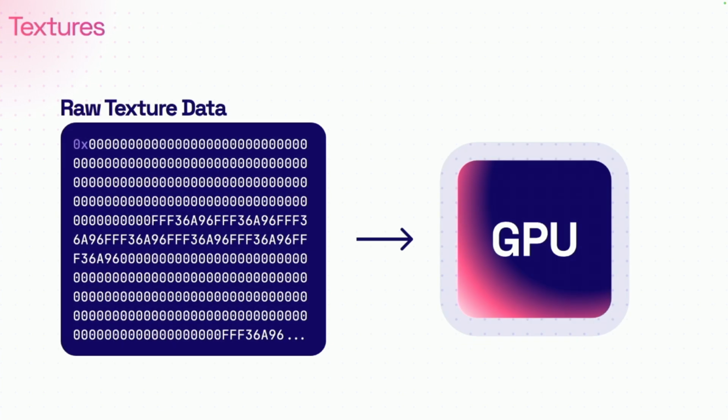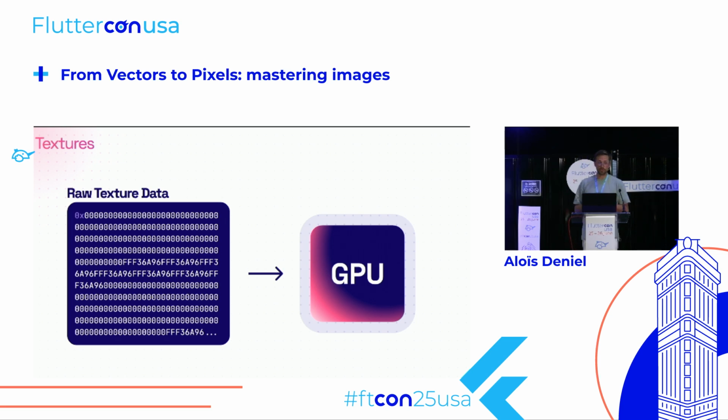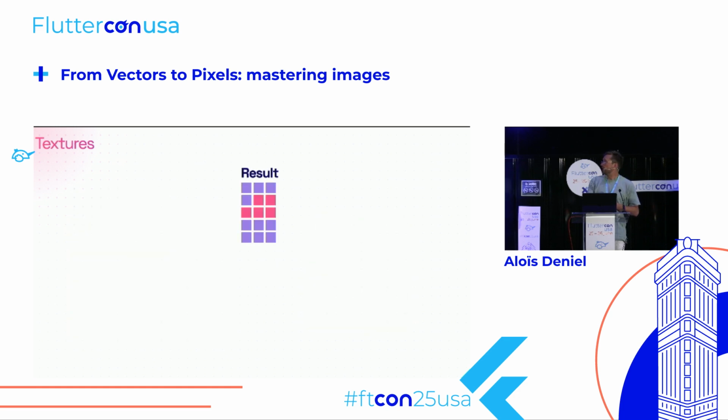One common type of data that is uploaded to the GPU is the texture, raw texture data. And this texture will live in the GPU memory. It's just a representation of what we see on the screen, so a matrix of colors.